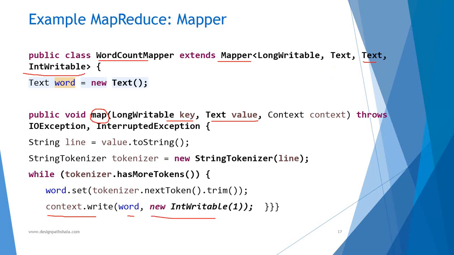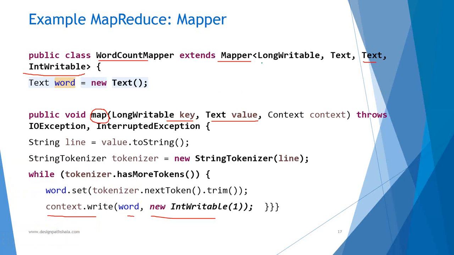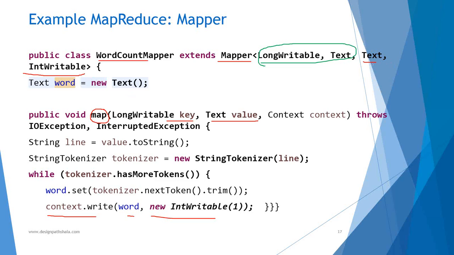So this is what map produces. What I'm marking in green is what map is getting as an input from the file reader, and what I'm highlighting in purple is the output produced by this mapper as a key and value pair.